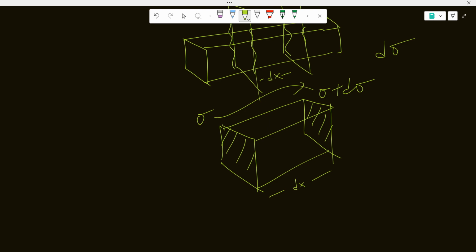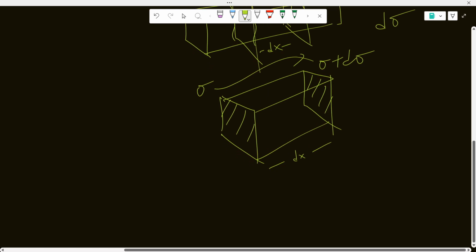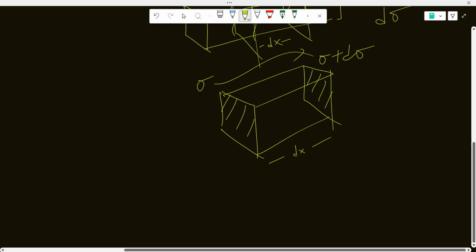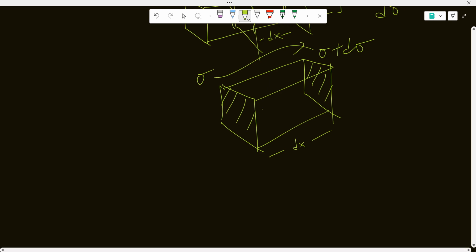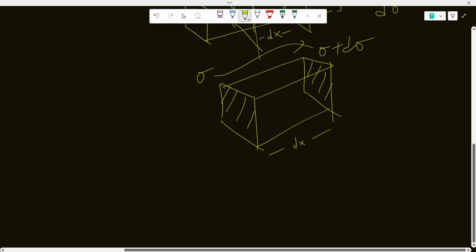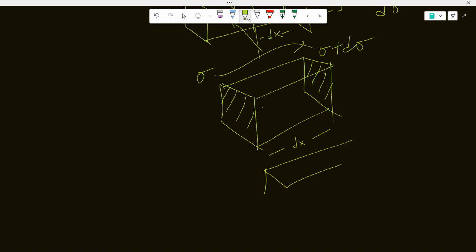They'll have an effect. So what does it mean for shear stresses to have effects when our bending moments or our bending stress varies? It means that the layers of the beam, let's say we assume that the beam is made up of layers stacked upon layers, layers stacked upon layers to form the beam.